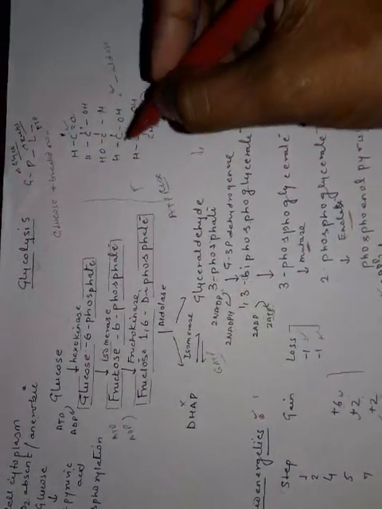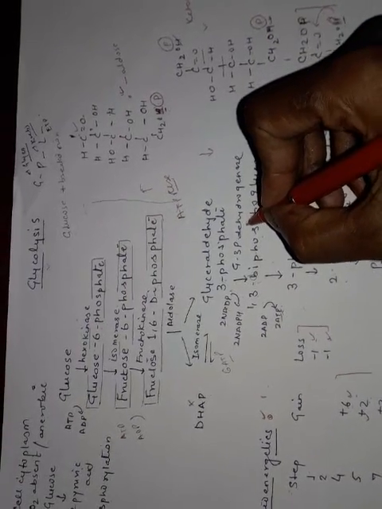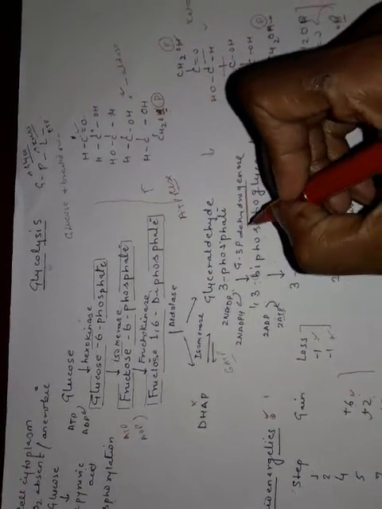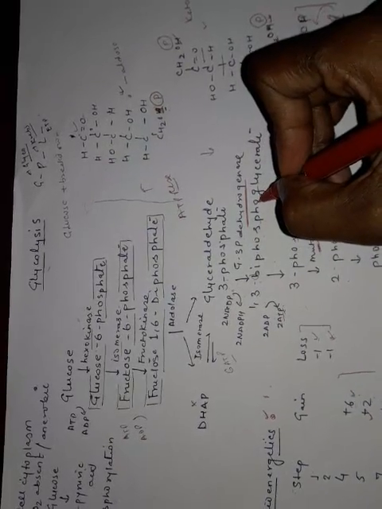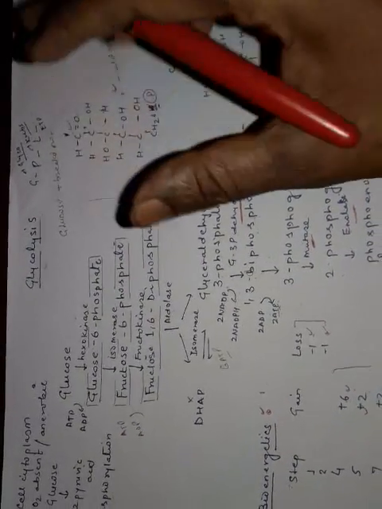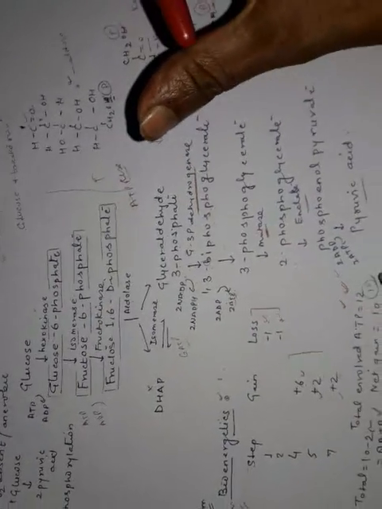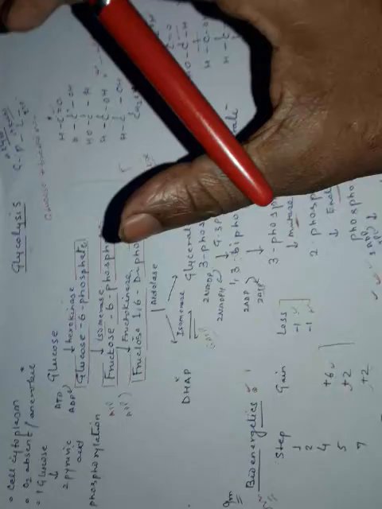And after that the dehydrogenase enzyme is involved where ATP is released, when ATP formation takes place in the step. So it is the simple concept of glycolysis.